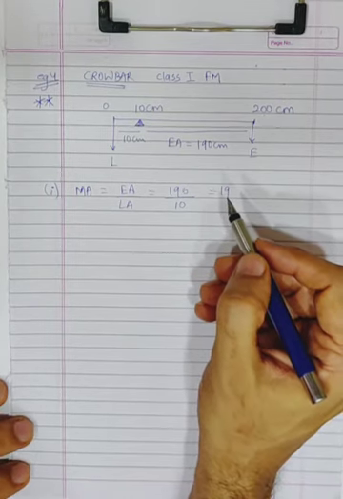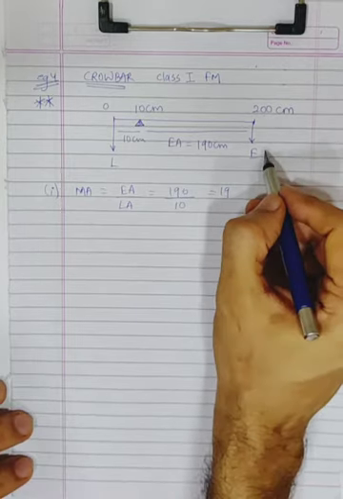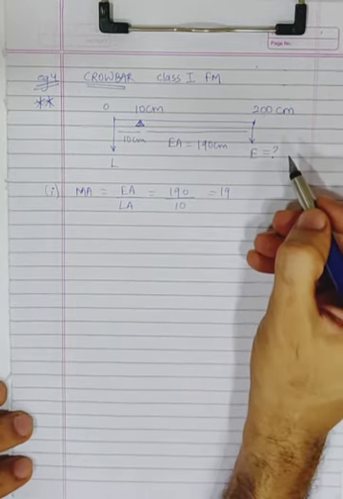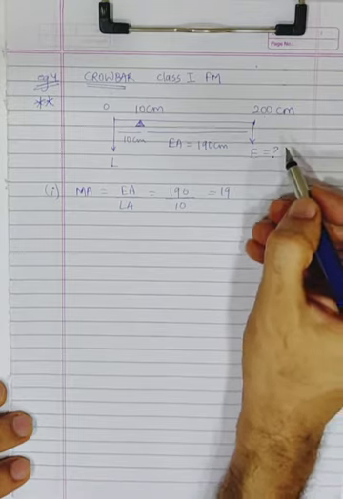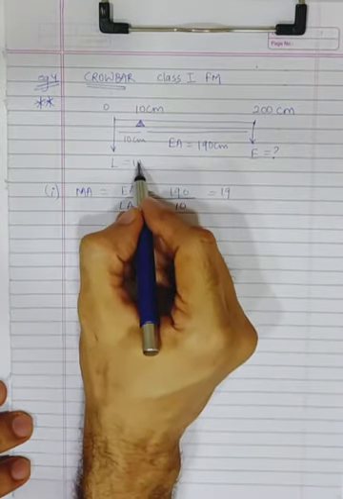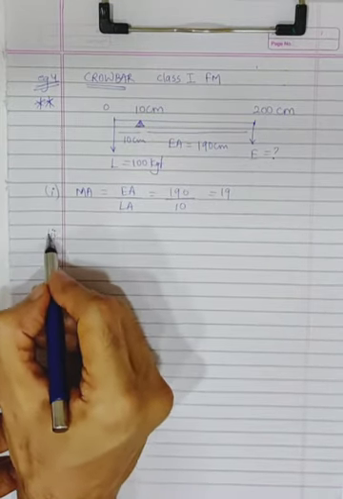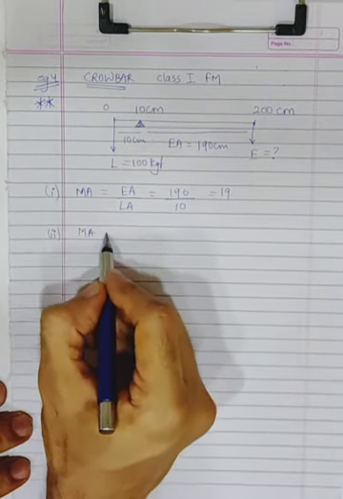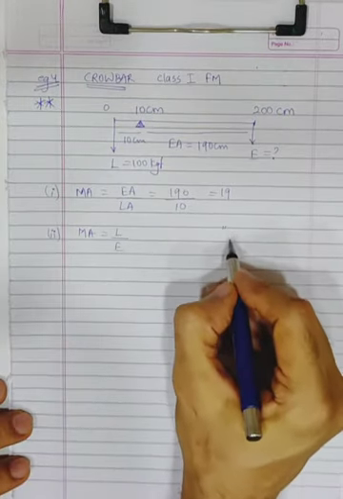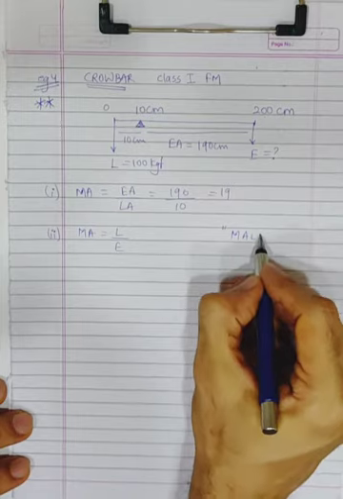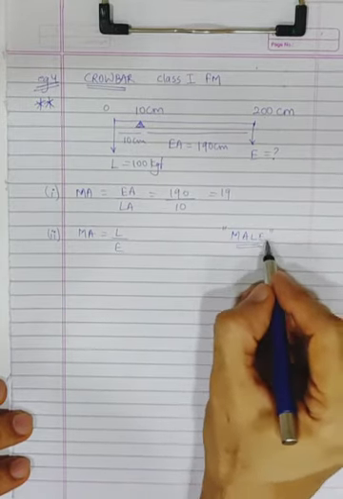Second part, what is the least force which must be applied at the other end so as to lift a load of 100 kgf? Now they are saying the load is 100 kgf. So we can say MA is equal to load upon effort. Those who are finding it difficult to remember the mechanical advantage formula, remember MALE, male.